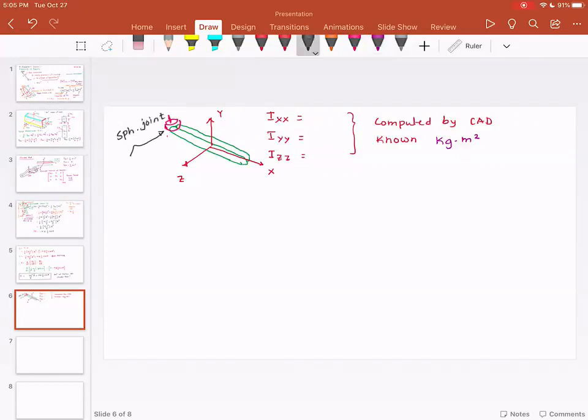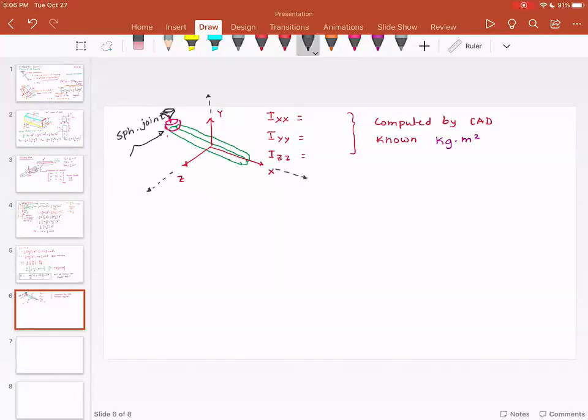A spherical joint, or a ball and socket joint, means this link can move around X, around Y, around Z. So you could have a translation about Z, a translation about X, a translation about Y.